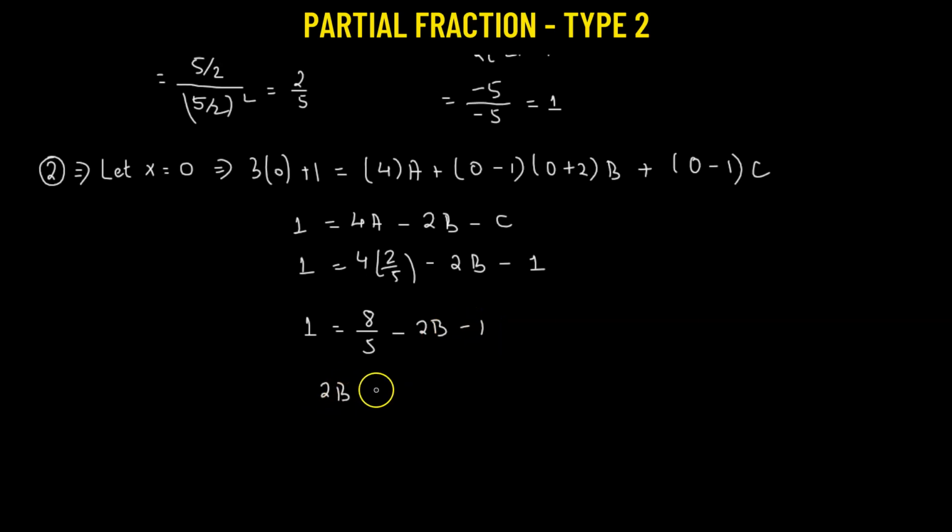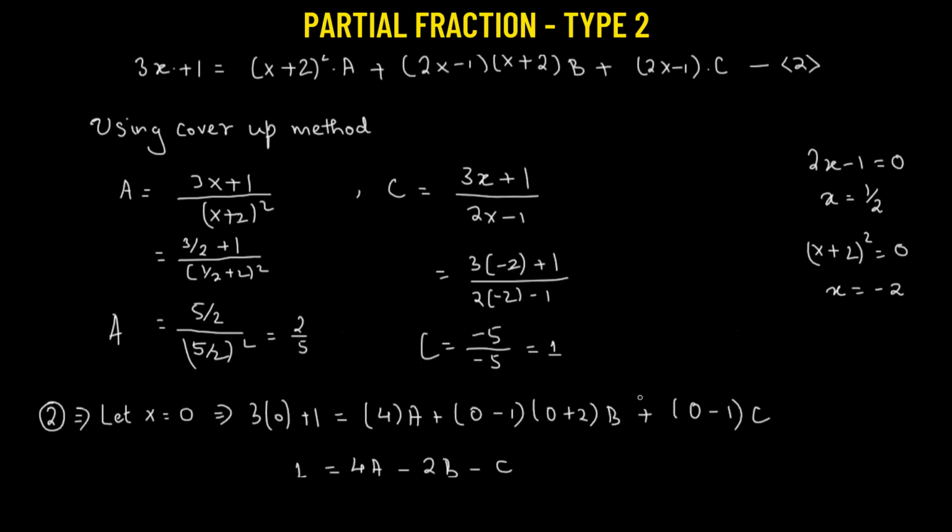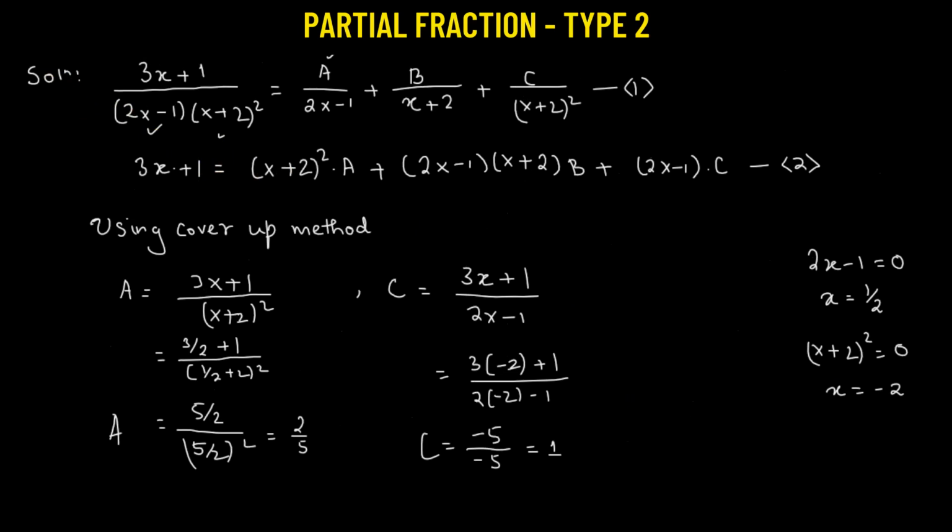So 2B equals 8 over 5 minus 2, which is negative 2 over 5, and that comes out to be B equals negative 1 over 5. So A came out to be 2 over 5, C came out to be positive 1, and B came out to be negative 1 over 5. So we can substitute this into our equation number 1.